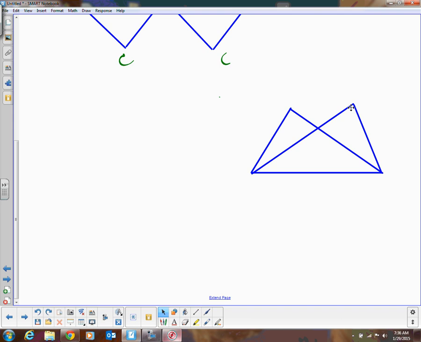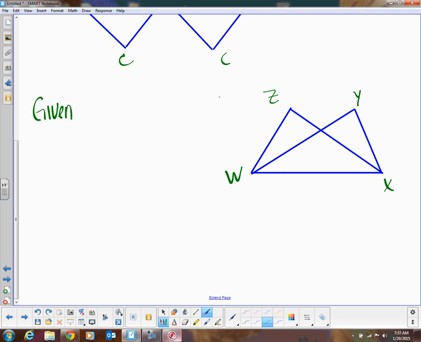Obviously, they're not congruent, but you're going to prove them congruent because my diagram is not drawn to scale. There are several triangles here, aren't there? Z, W, Y, X. The fact that they didn't give you a point here means you're not going to be using those two. So what have you been given?